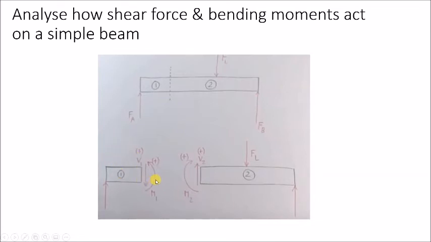So our internal resistant force is shown here with this arrow in an anti-clockwise direction. It's resisting the external force trying to bend this beam in a clockwise direction. It's actually resisting that in an anti-clockwise direction.